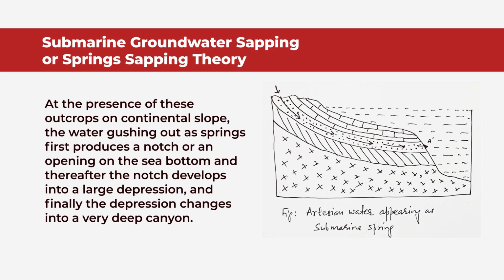In the presence of these outcrops on continental slope, the water gushing out as springs first produces a notch, a small depression, or an opening on the sea bottom, and thereafter the notch develops into a large depression. And through headward erosion, finally the depression changes into a very deep canyon, that is submarine canyon.